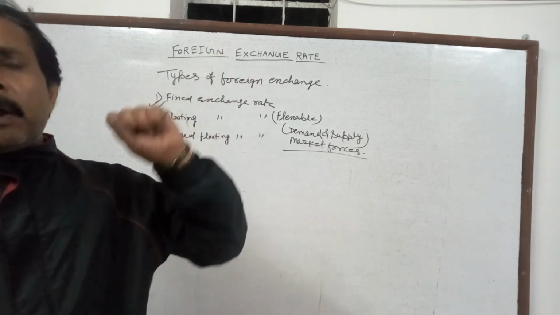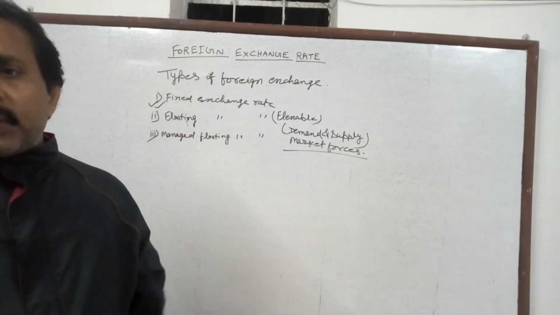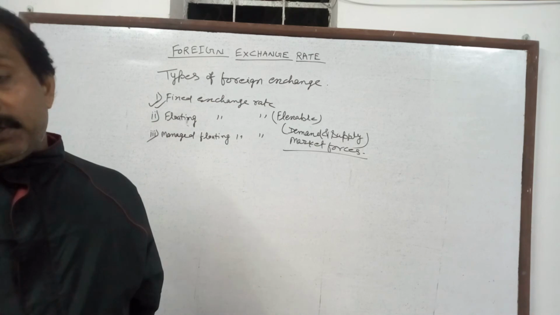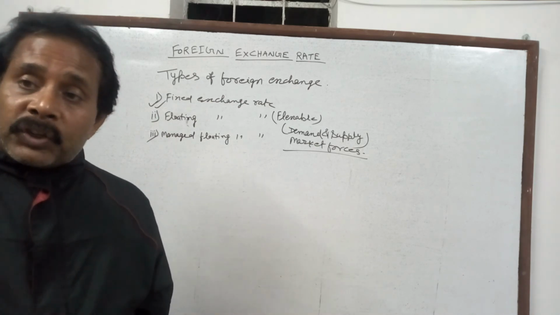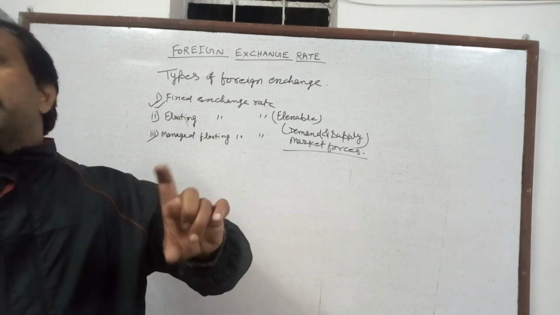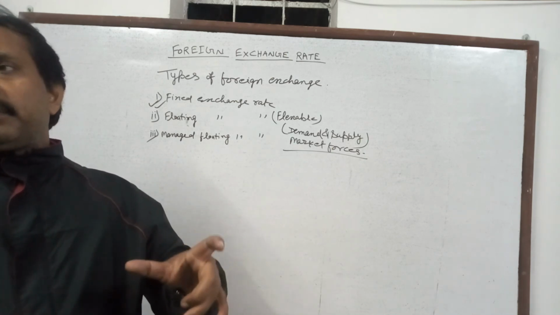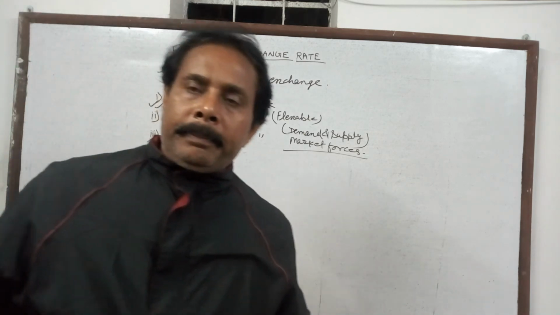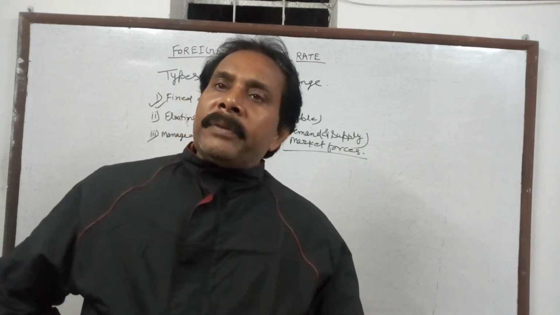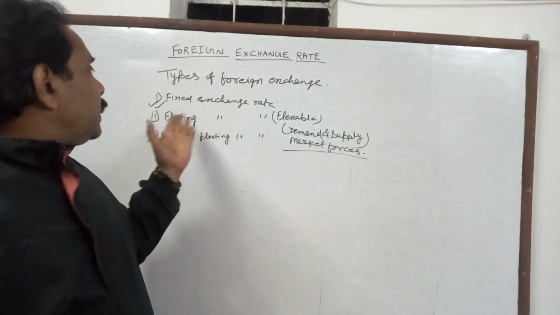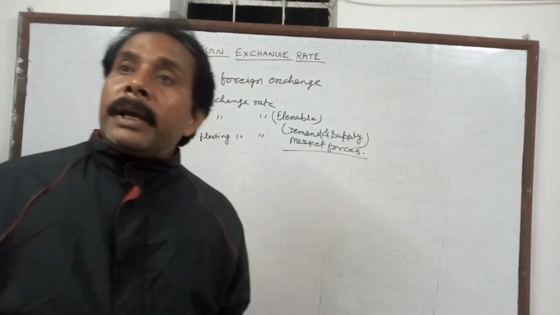For a certain period of time, in case of fixed exchange rate, the value will be stable, but in case of flexible exchange rate, the value of the currency always varies or changes from time to time. So this is the basic difference between the fixed exchange rate and floating exchange rate.